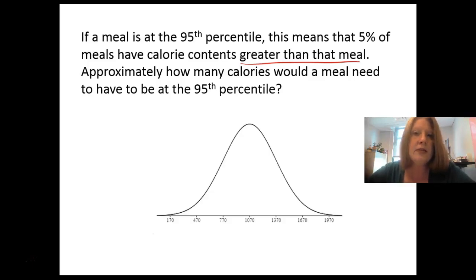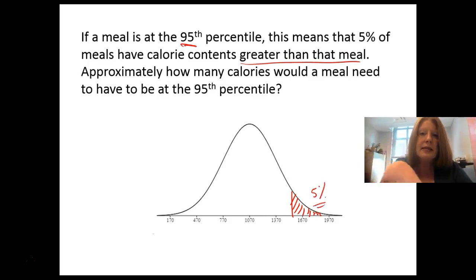I wanted to do this example because we're trying to find the top 5% here. What value cuts off the top 5%? You might see this 95% and think, maybe I could apply the empirical rule here, because I know in the middle we have 95% of our values. I could see why you would think that.